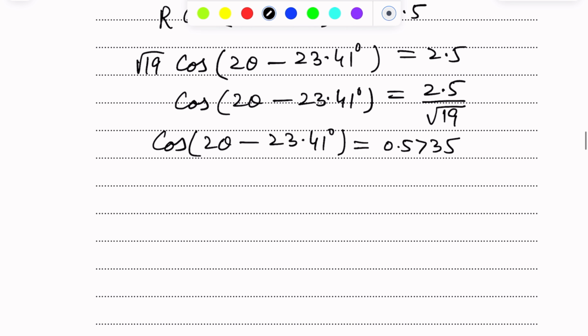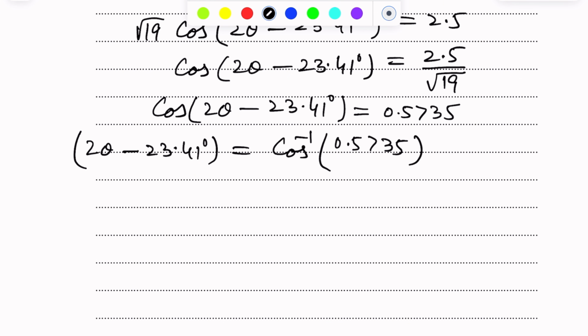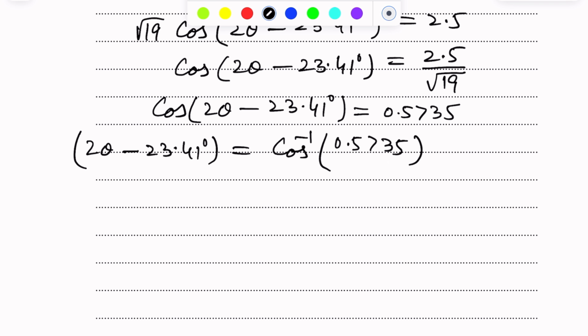Now we will find the basic angle. 2 theta minus 23.41 degrees is equal to cos inverse 0.5735. Setting the calculator mode on degrees, the value of cos inverse 0.5735 will be 55 degrees.